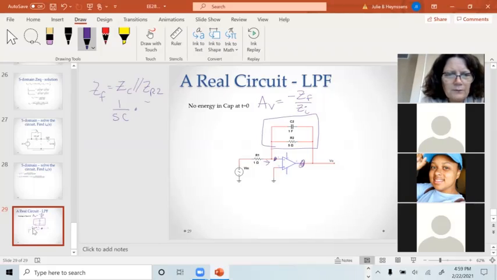R2 is 5. Let's just plug in numbers. C is 1. That makes the math easier. Even if it is slightly not really realistic, over 1 over SC plus 5. So product over sum, same thing we learned in 188. Now I've got these improper fractions in here.